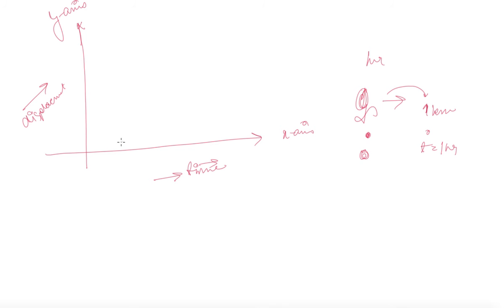So let's plot this graph. Because of time 1 hour, he is having a displacement of 1 kilometer. This is 1 and this is 1. So he is somewhere over here.